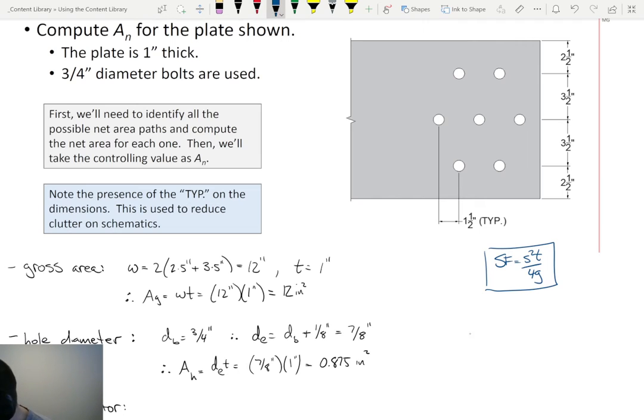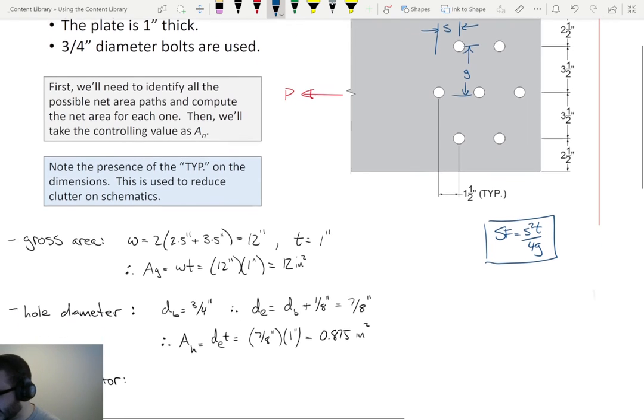If here's the tension member, I'm going to be yanking on it like this. If we're looking at a given diagonal path, this dimension here is s, and this dimension right here is g, our gauge spacing. For this problem, s is going to be 1.5 inches and g is going to be 3.5 inches.